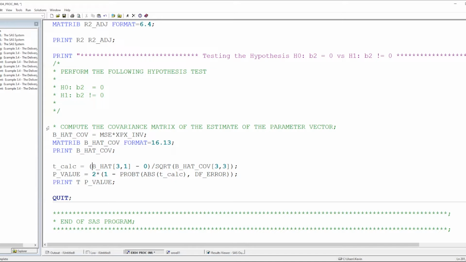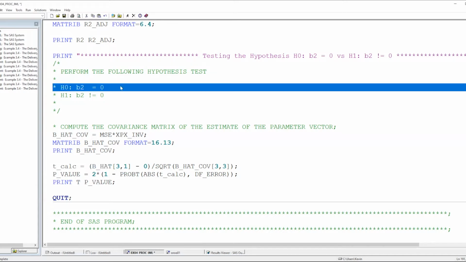There's only one column, but we still need to specify both the row and the column in picking out that entry. And so beta hat, with the 3, 1 in the square brackets, pulls out beta 2 hat for us. And then from that, we subtract the hypothesized value of beta 2, which again is 0. And then we divide that difference by the estimated standard error of beta 2 hat.